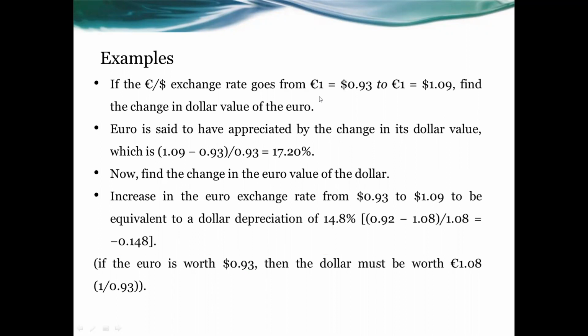Now this is expressed as dollar to euro. The euro is said to have appreciated by the change in its dollar value, which is 1.09 minus 0.93, divided by 0.93.